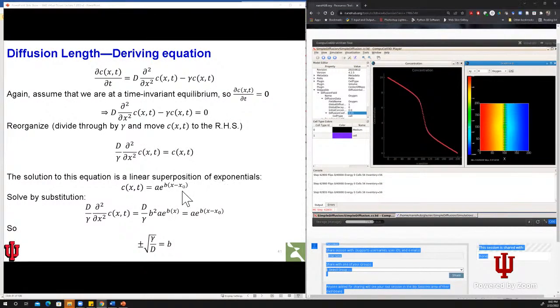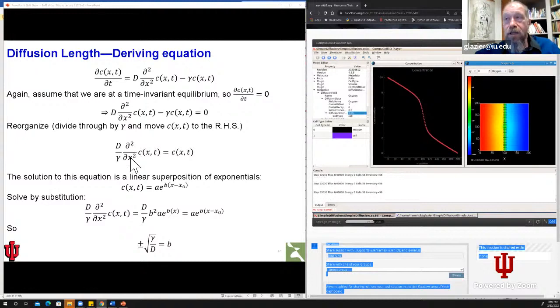So the moment you see d by dx of c is c, you have an exponential. Now the fact that it's the second derivative means it could also be a sine or a cosine. And so I'm going to tell you that it's not. If it's a plus sign here, it's not. If there were a minus sign, it would be a sine or a cosine. And so I know that the solution to this is an exponential.